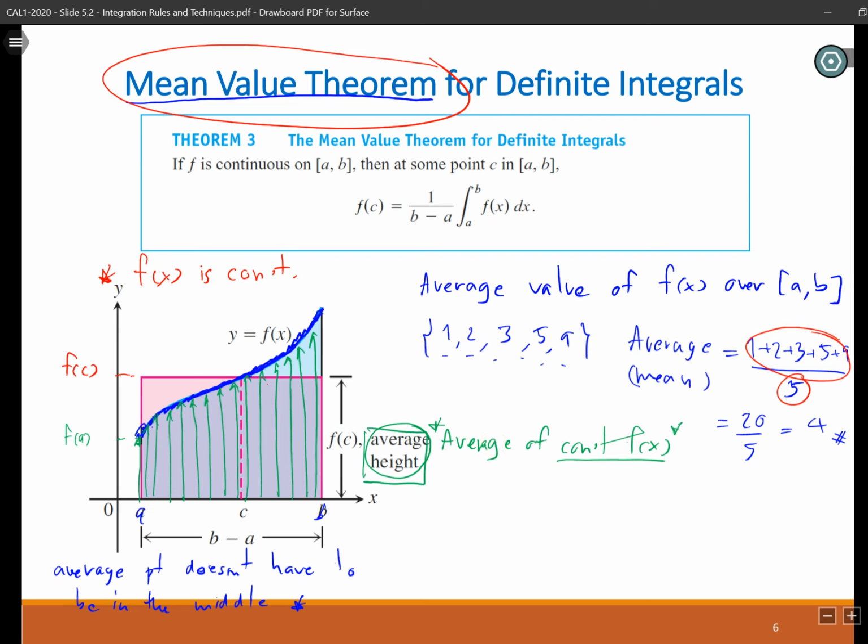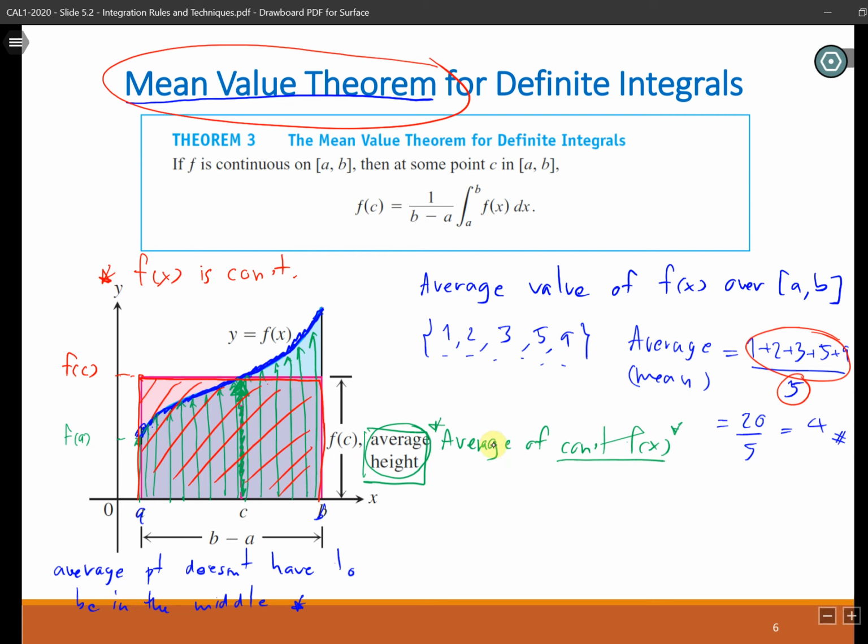And this average height happens at the point where it creates this red rectangle, right where we can create a red rectangle that has the same area as the area under the blue graph.